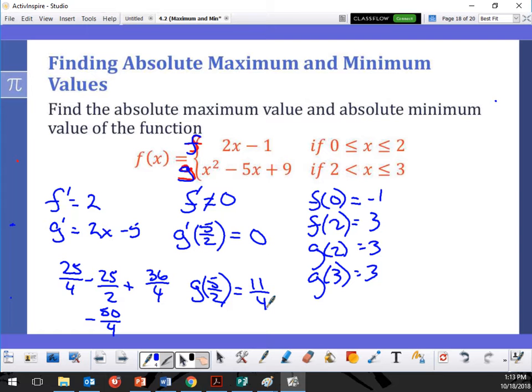But now, what about the slopes there? Are the slopes going to be the same? What is the slope at 2? For G, what is the slope at 2? You get -1, right?